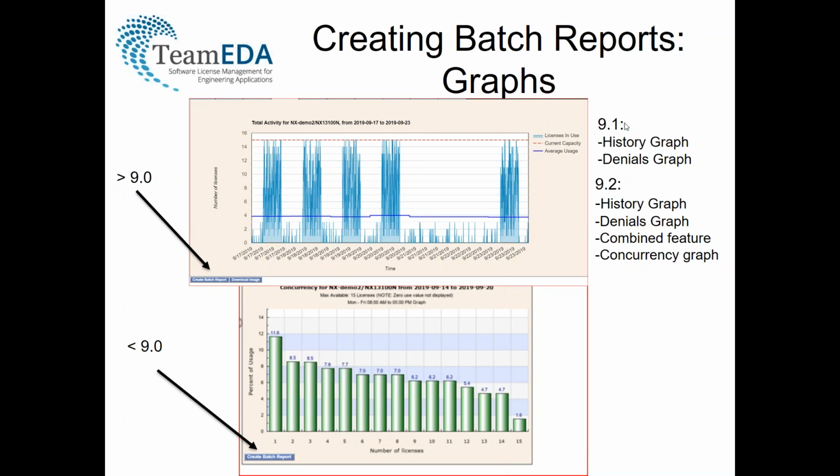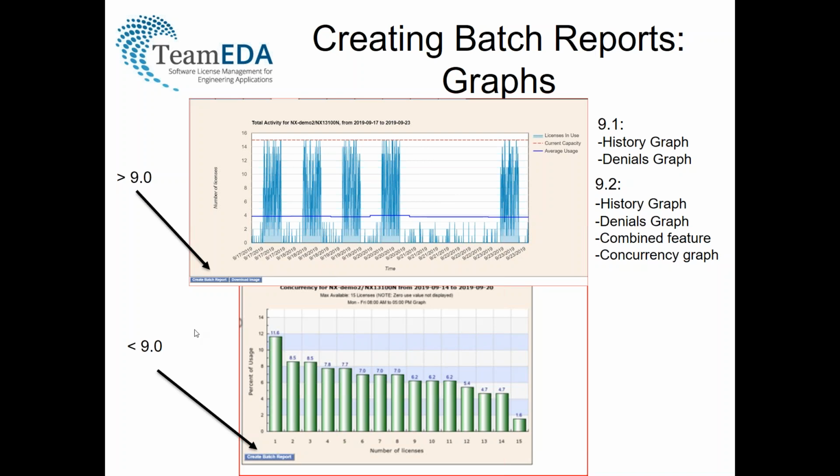In 9.1, you get this kind of a view, and the reason I've done this is because after 9.0, you've got this kind of graph. And this little button right here says Create Batch Report. That's what you click for the history graph and the denials graph that appear this way after 9.0.